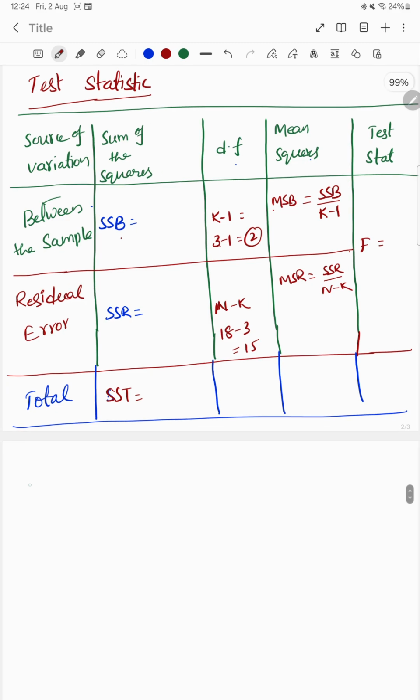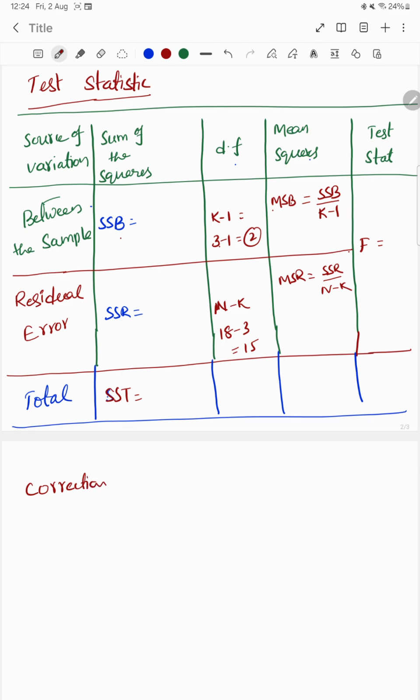the correction factor. That correction factor is calculated by CF equal to the grand total whole square divided by capital N. Capital N means total subsamples.